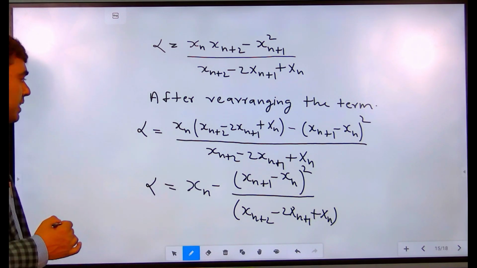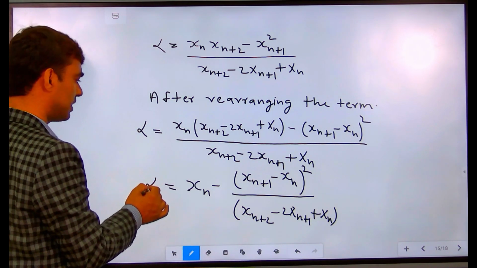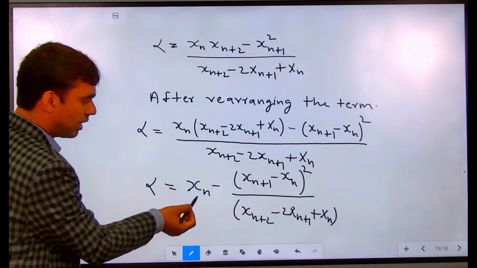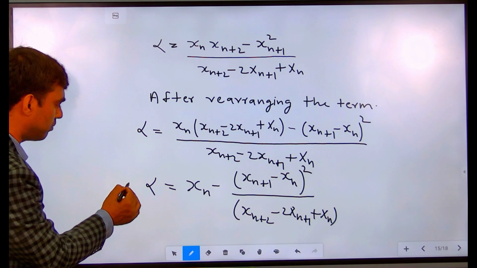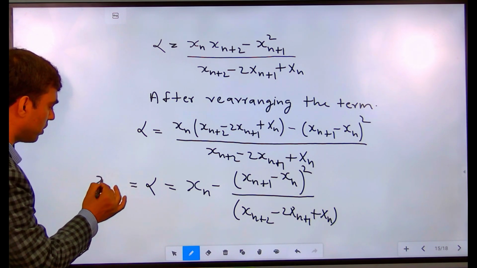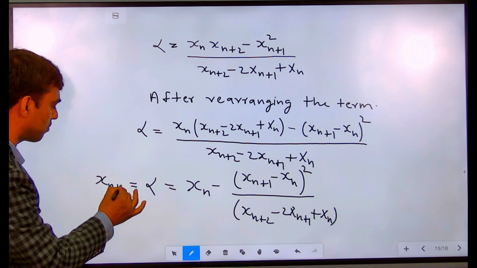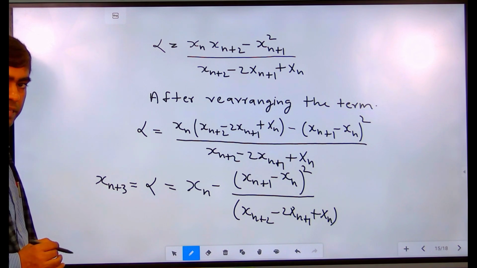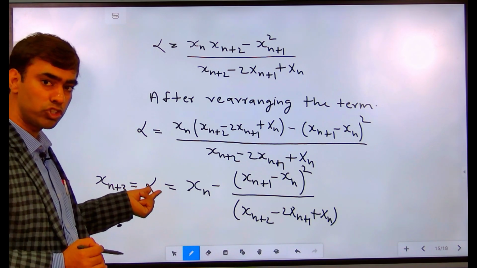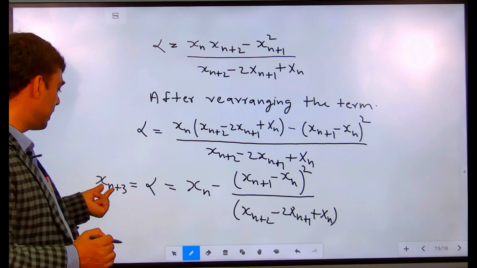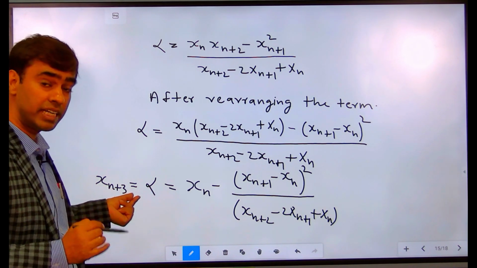So, this one is an iterative scheme. Here there is an involvement of n, n plus 1 and n plus 2. So, here we write alpha equals xn plus 3, the approximate value of alpha. Why do we write xn plus 3?